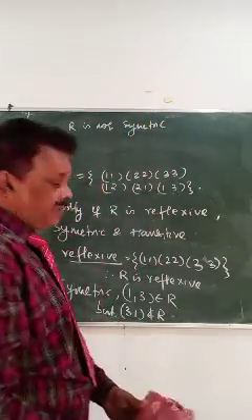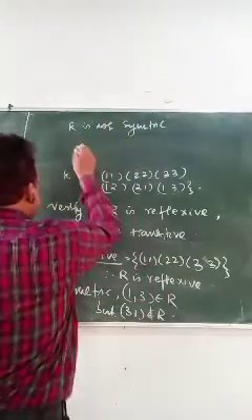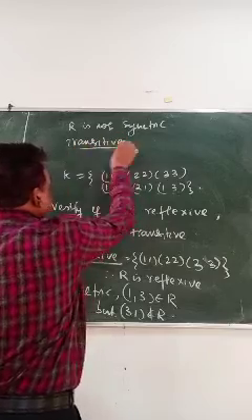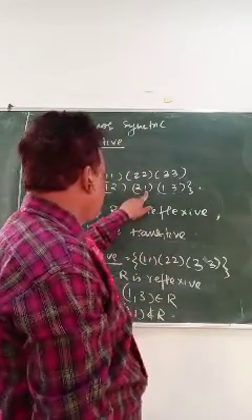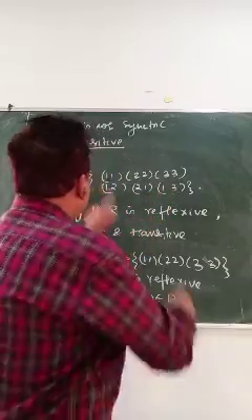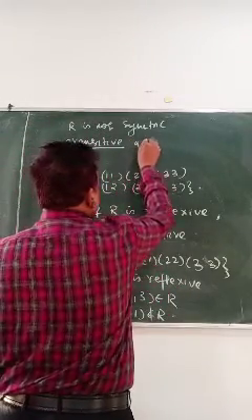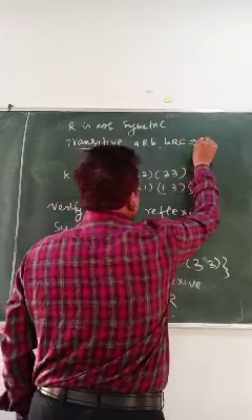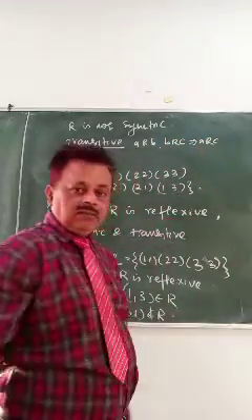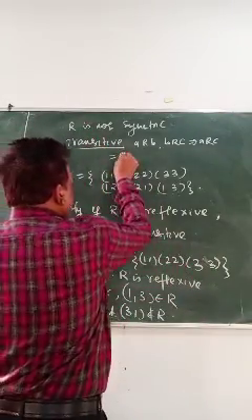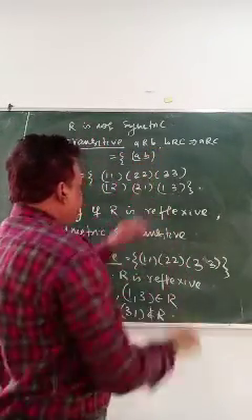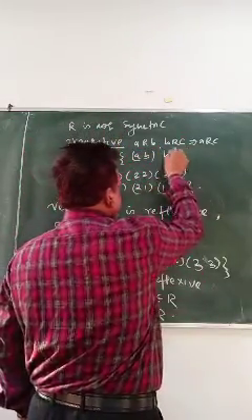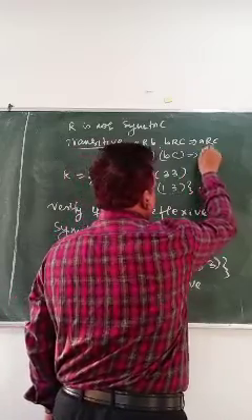Okay. What about transitive? Transitive, look here: (2,1), (1,3). What is transitive? Remember, A relates B, B relates C, implies A relates C. That means if AB is present, BC is present, implies AC is also present.